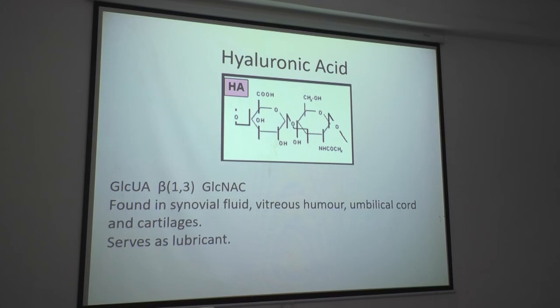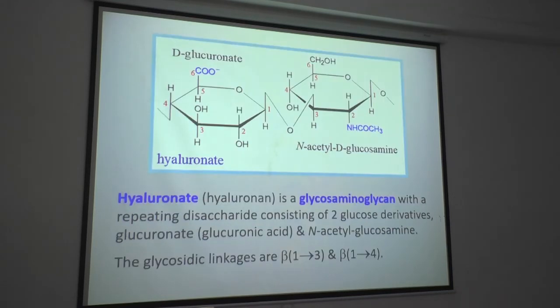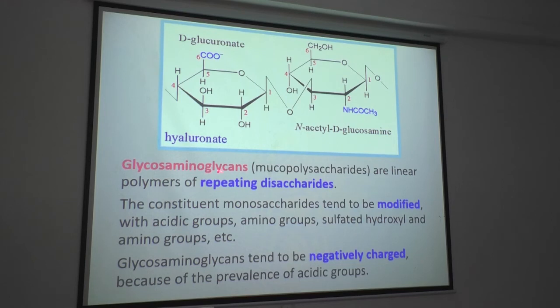What is the definition of GAG? They are the glycan. The definition: they are heterosaccharides where there is a repeated disaccharide of one amino sugar and one uronic acid.